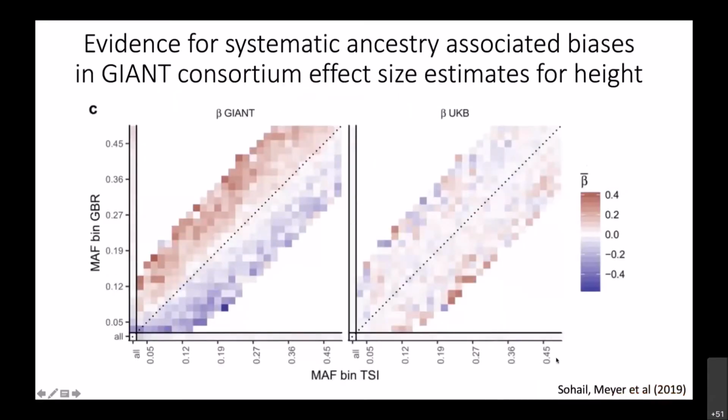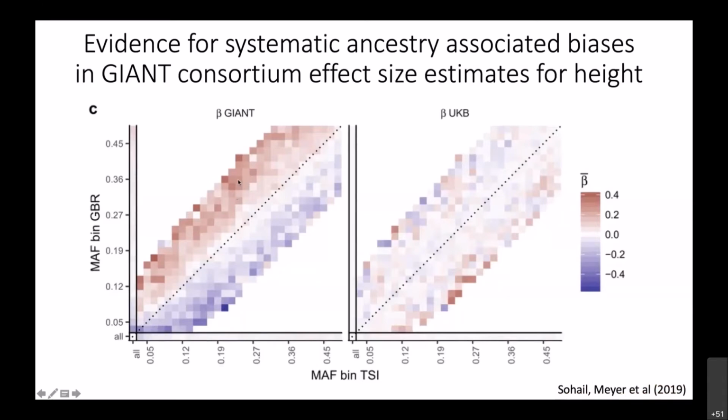Another demonstration of this came from another paper published at the same time as ours by Michal Sohail and Robert Meyer, then at the Broad Institute. On the left here, the axes are the minor allele frequency in Great Britain and the minor allele frequency in Tuscany.